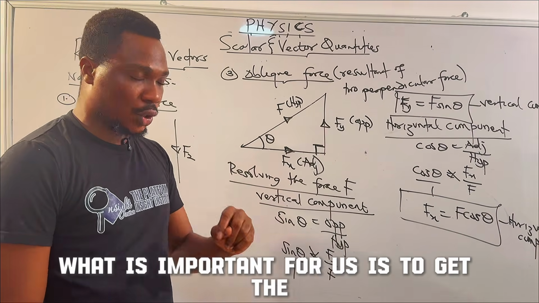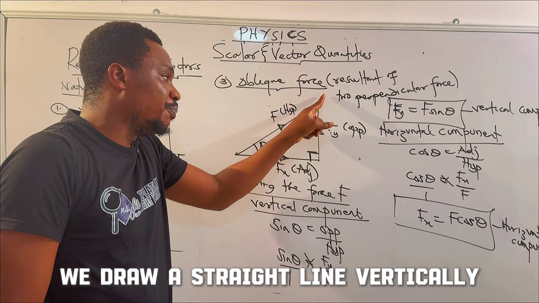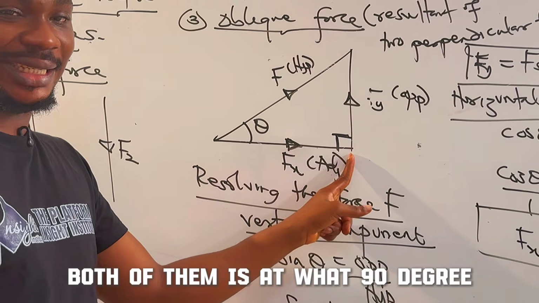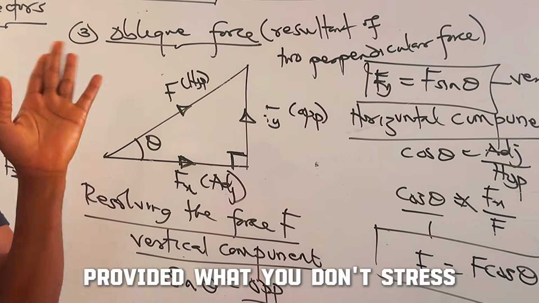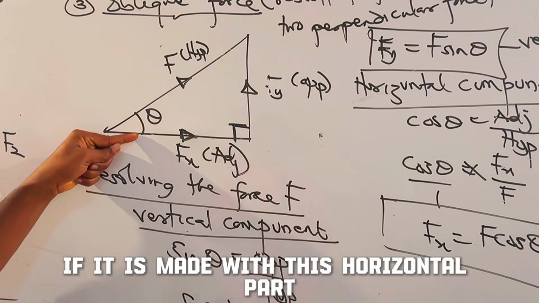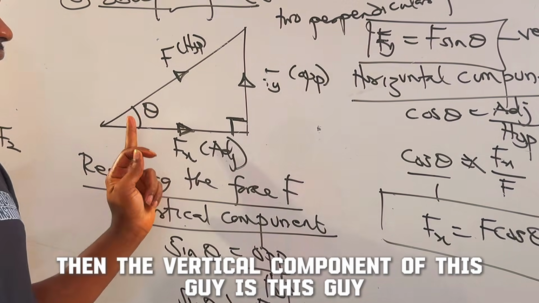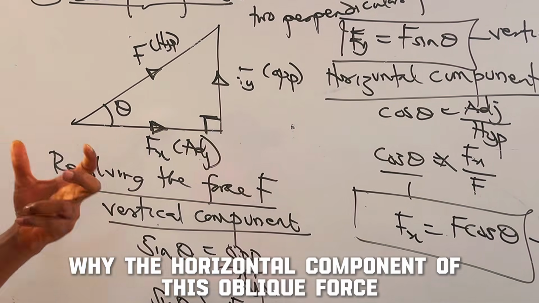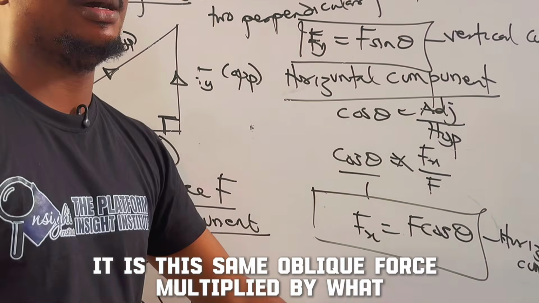What is important for us is that we want to know about this oblique force. We draw a straight line vertically, a straight line horizontally. Both of them meet at what? 90 degrees. The vertical part of this oblique force, provided, don't stress it, that what you're looking for is the angle made with the horizontal force, is this oblique force multiplied by sine of the angle. While the horizontal component of this oblique force is this same oblique force multiplied by what?